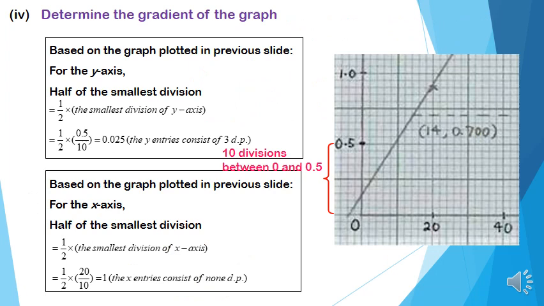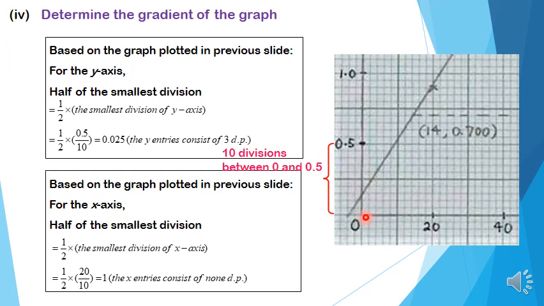How to look for the half of the smallest division for the y-axis? Please refer to the enlarged diagram on the right-hand side. There are 10 divisions between the value of 0 and 0.5. What is the value for each division, or each square box? We take 0.5 divided by 10 divisions. It gives us a value of 0.05.